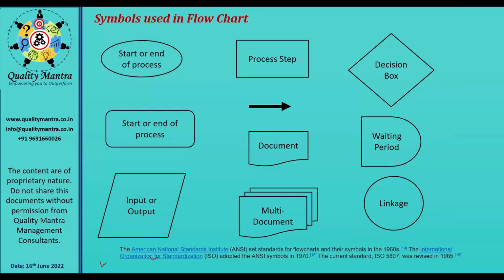As per the American National Standards Institute, that is ANSI, and ISO 5807 basically, they have adopted these symbols. So again, it can be different also. Some organizations use different shapes, but somewhere it is written in their quality management system.